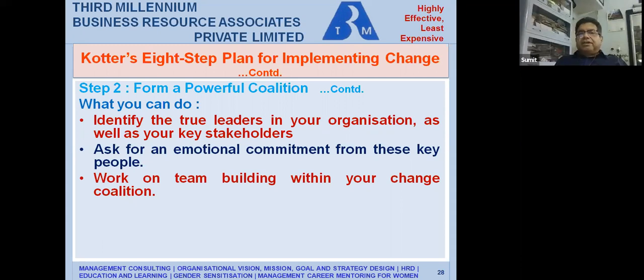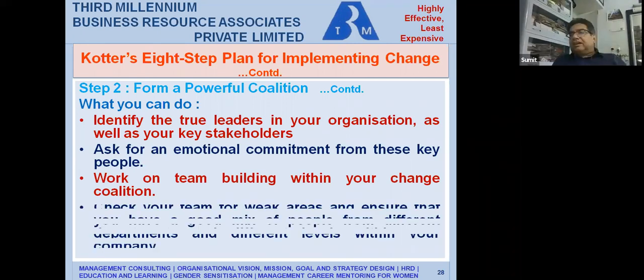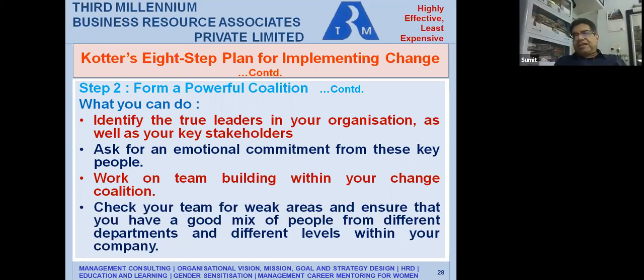Okay. So this one is obvious. Team is needed, and check your team for weak areas. Ensure that you have a good mix of people from different departments and different levels within your company. Now, this is an issue I used to face perennially when I was a visiting faculty for many years at NIFT Delhi. Right? So these are artistic kind of people. They are wonderful in designing. But I had to, and that is why management subjects were introduced.